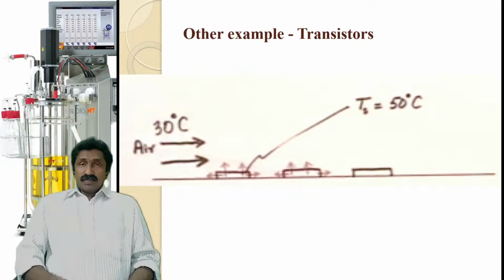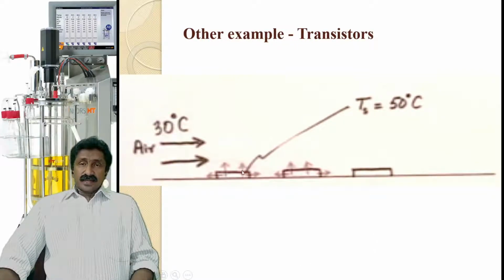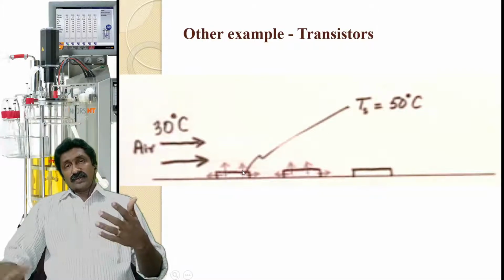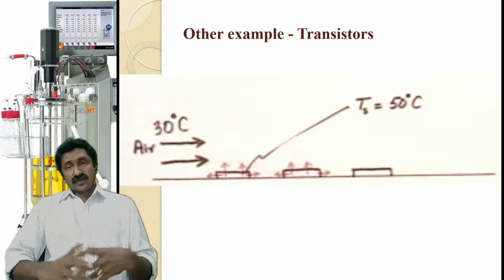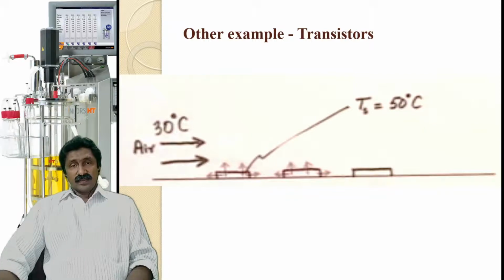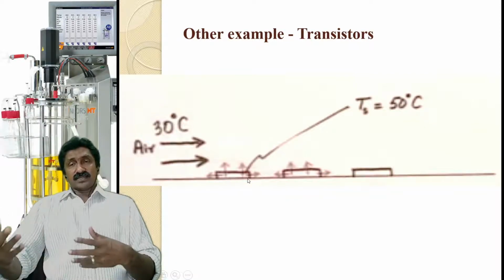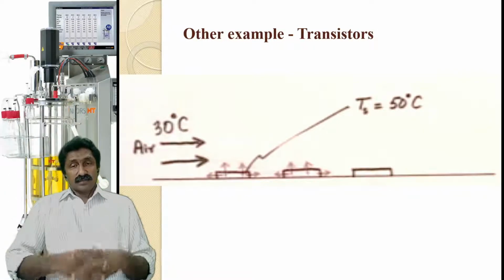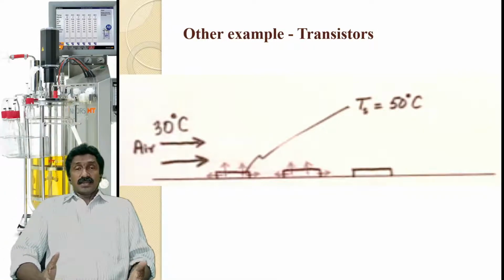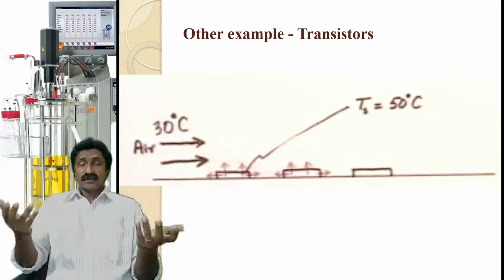Now there are some other examples, like the transistors used in radios or TVs or other electronic devices, where it will reach a high temperature, say 50 or 60 degrees or even higher. Even some gaming computers may reach about 95 to 100 degrees Celsius.